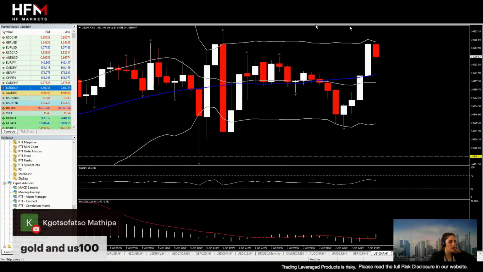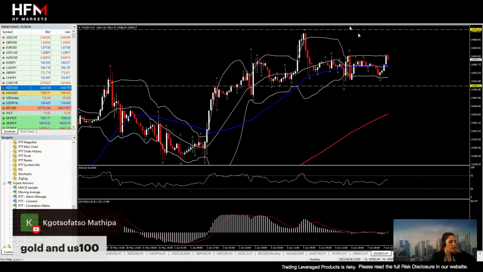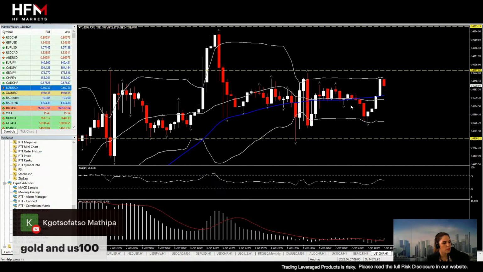So we'll go down to the 1 hour chart right now. Okay, so these are our immediate support and resistance levels. You can see that it keeps moving sideways, flat moving average, flat Bollingers, flat MACD, sorry, RSI.